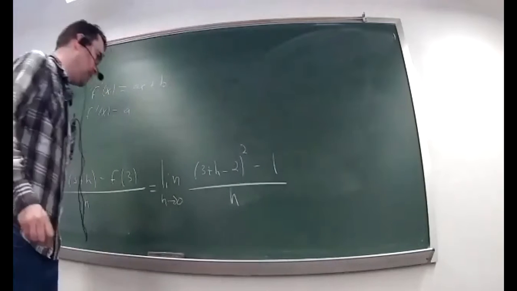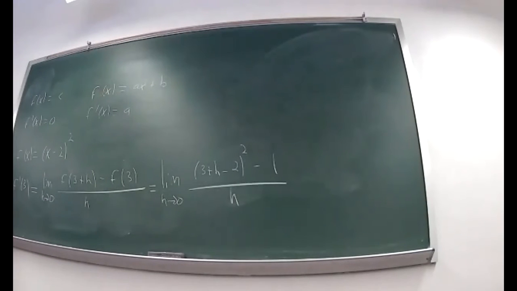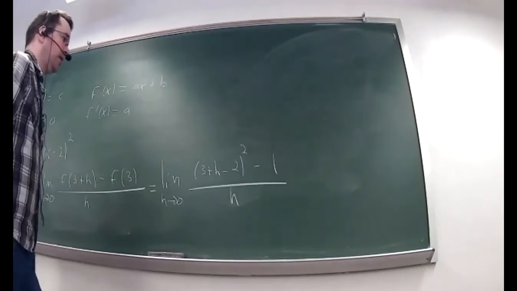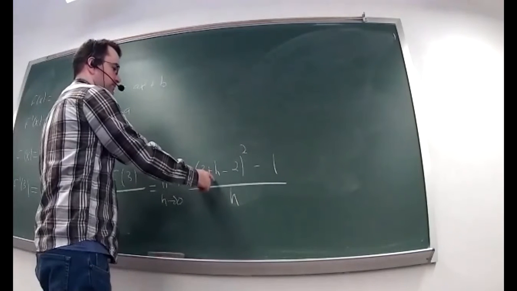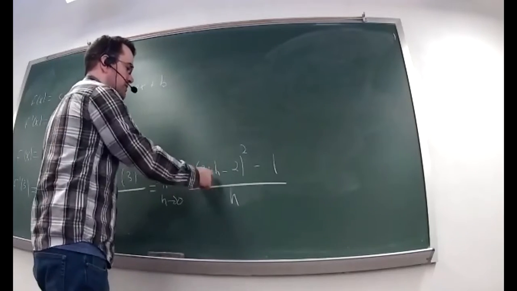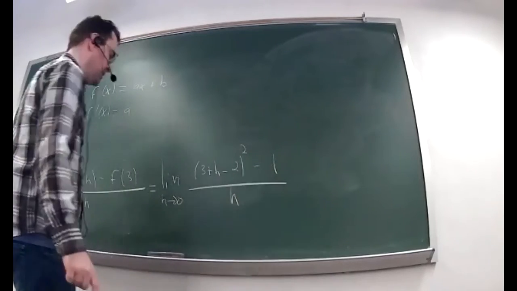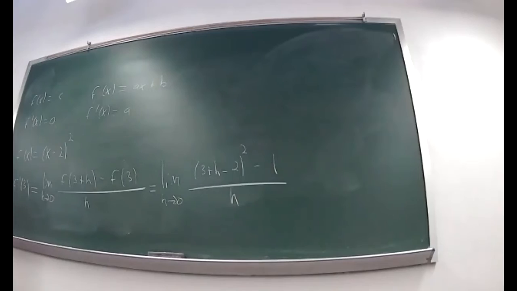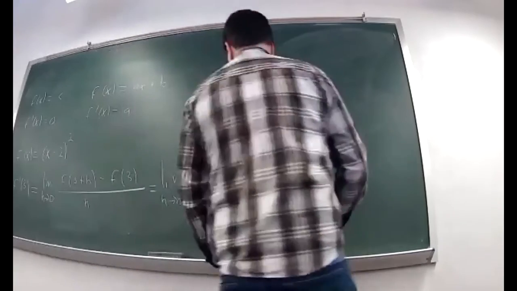And now I'm dividing by h. So you may already be seeing the end game here, because I've got (h plus 1) squared, and then the constant term 1 is going to get canceled out here, and you'll see a cancellation with an h. But let's go through those steps.